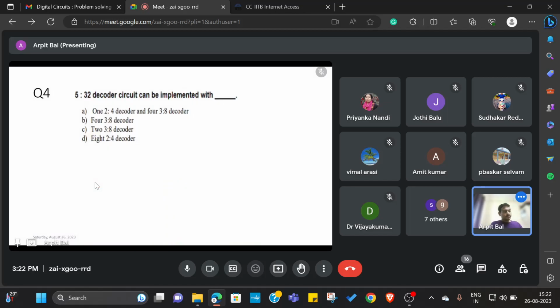Okay, so in this question, what we need to implement is a 5 to 32 decoder, right? And what it is asking us is what components can we use to implement this particular thing.